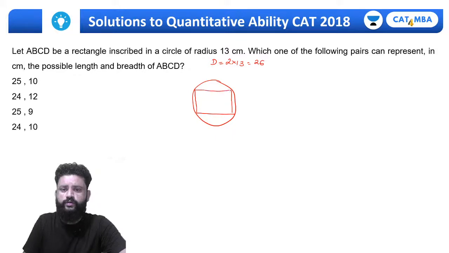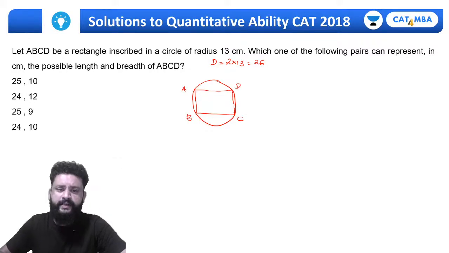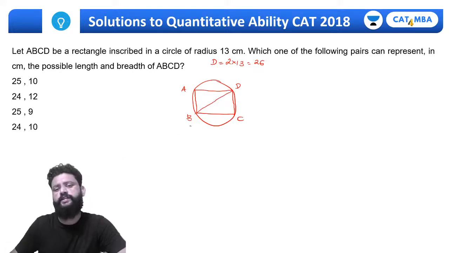Now we know this is a rectangle which is inscribed in a circle. Let's call it A, B, C, D, and we know a diameter subtends a right angle at any point on the circumference. So, guys, this angle of the rectangle will be 90 degrees. That simply means BD must be a diameter.